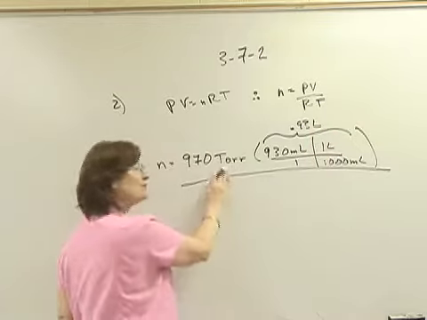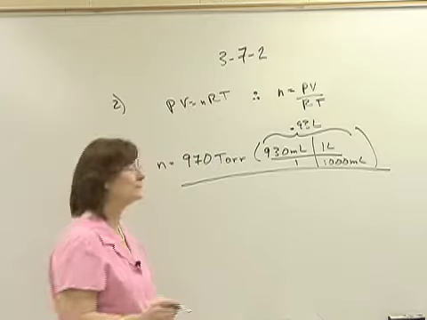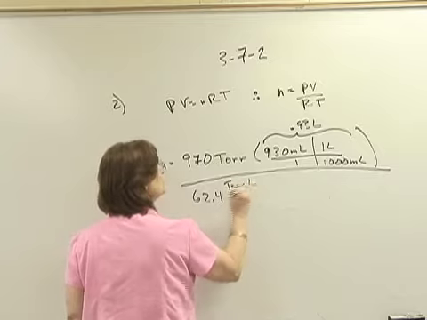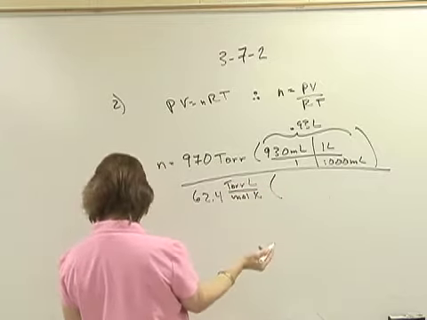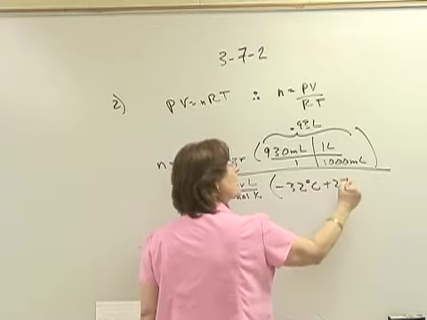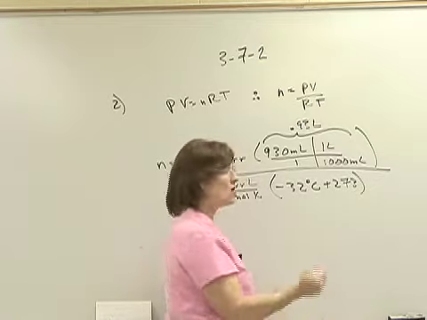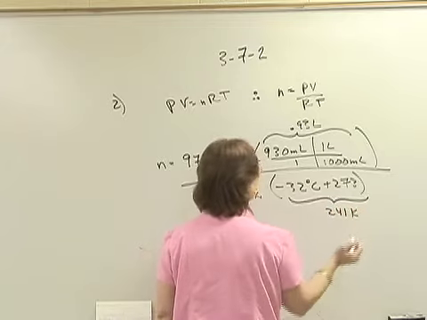And because I have a unit of torr, then I must use my ideal gas constant for torr. And that would be 62.4 torr liters per mole Kelvin. And the temperature that I'm given is minus 32 degrees Celsius. And we must always change to Kelvin for gas laws. And this then is 241 Kelvin.